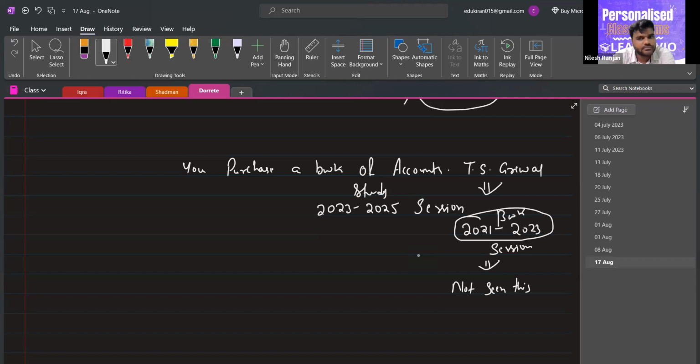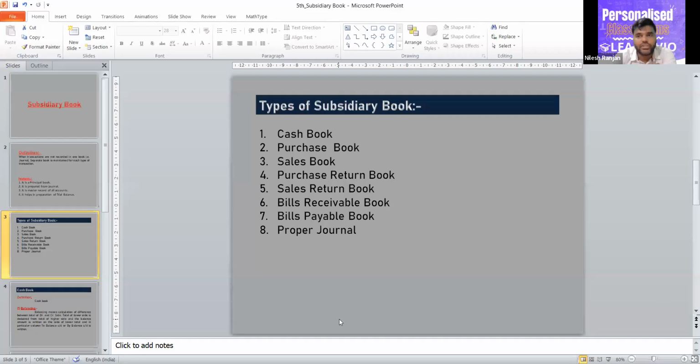So is it a cash transaction or a credit transaction? Cash transaction. So when I say that you have returned the goods purchased in cash, then this is a cash transaction. It should be recorded in the cash book.